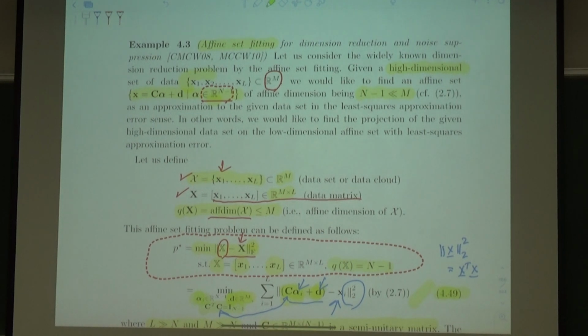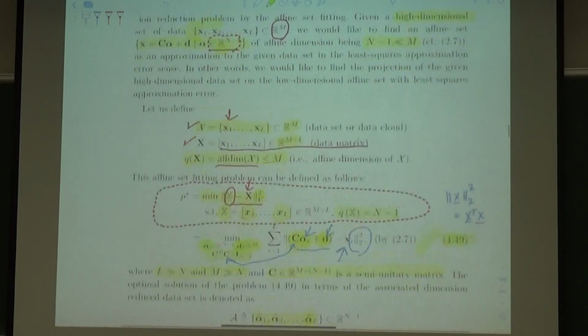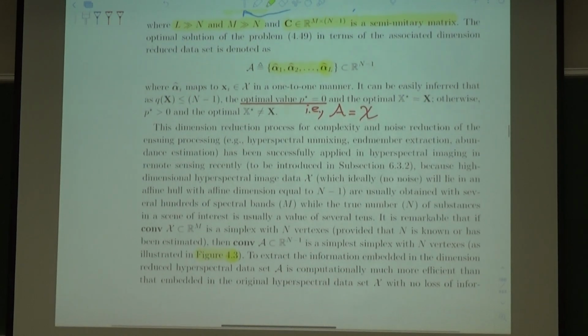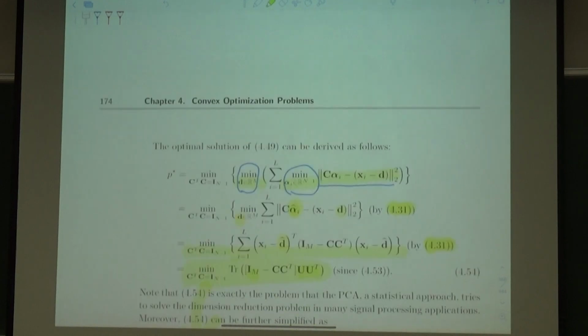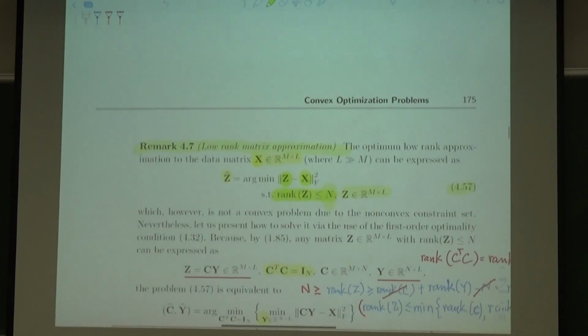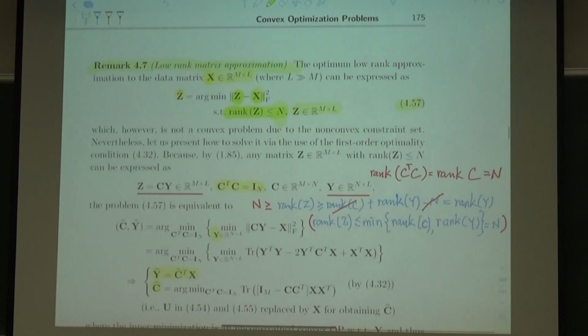So the affine dimension is n minus 1. How do you handle this? Or for the problem here, how do we handle this? Right, this is the hard part.